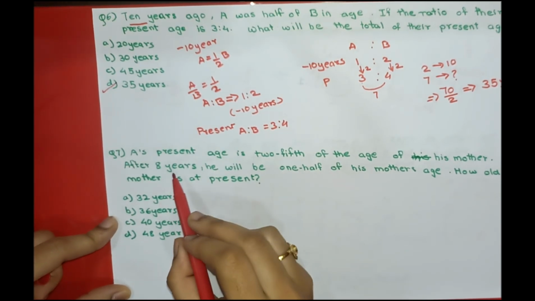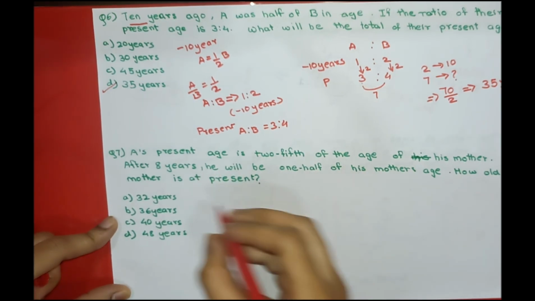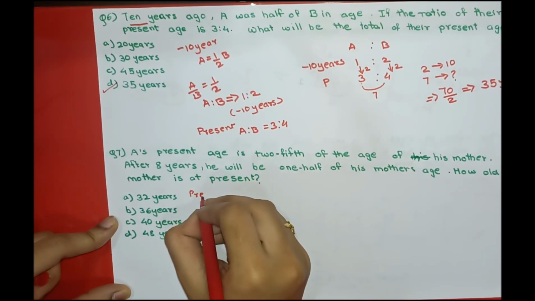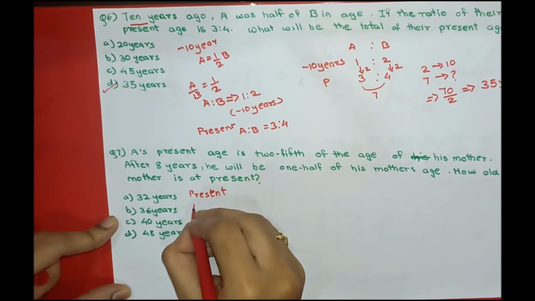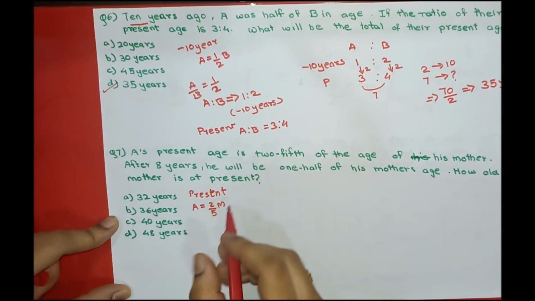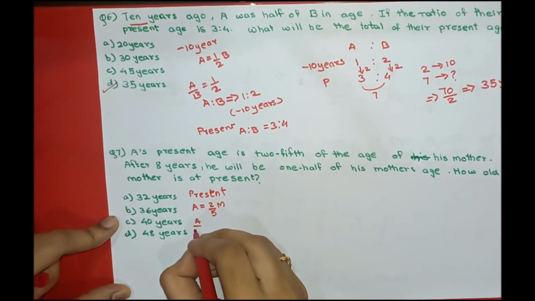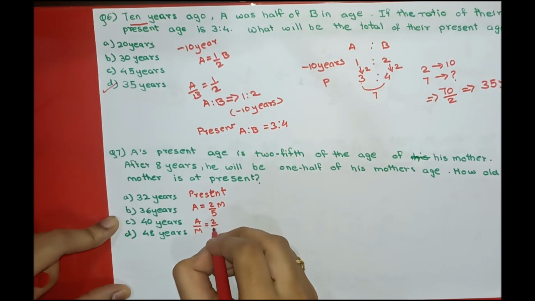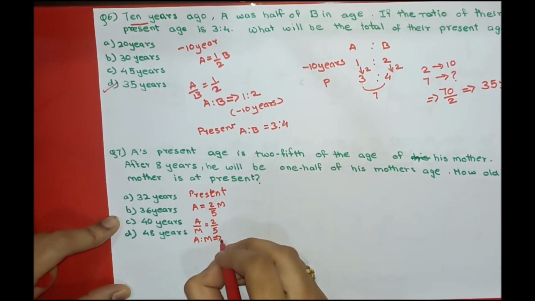The question states A's present age is 2/5 of his mother's age. So at present A is 2/5 of his mother's age. Let's denote mother with the letter M. So you can write A by M is 2/5, and the ratio A is to M is nothing but 2:5.